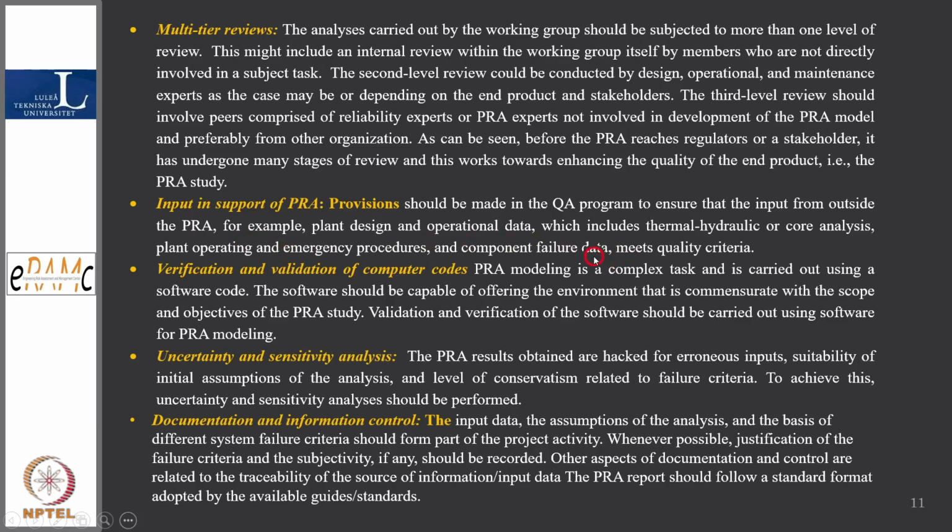Finally, this again boils down to the success criteria and quality criteria. Verification and validation of computer code we have discussed in the previous slide. Uncertainty and sensitivity analysis we have also discussed, and documentation. So, when the project report is issued, there should be a plan of what quality criteria we are actually meeting.